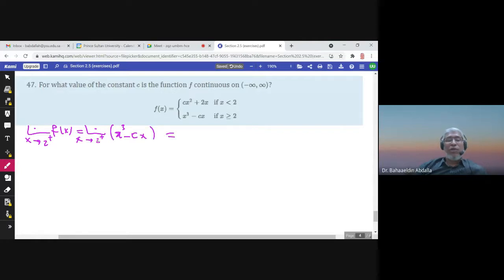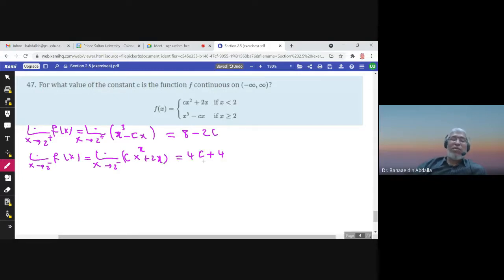So it would be 2 to the power 3, 8 minus 2c. The limit of the function when x approaches 2 from the left, x less than 2, would be the limit of cx squared plus 2x. Replace x by 2, 2 squared is 4, 4c plus 2 times 2, 4.